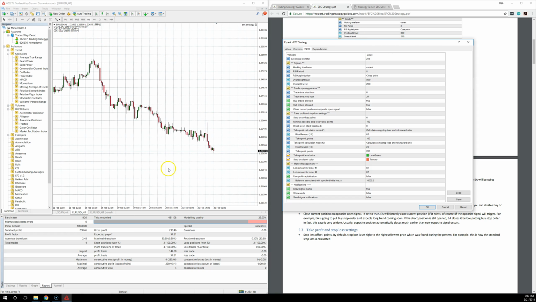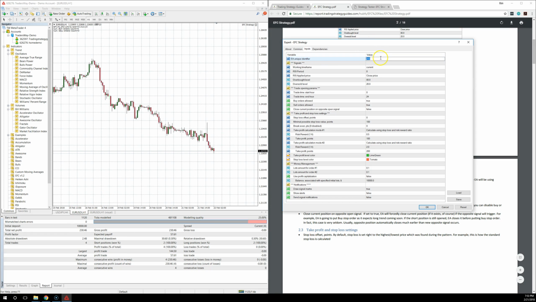If you want to run the same chart, say the euro dollar hourly chart, and then have another chart running with a 30-minute chart or something like that, make sure you change this EA identifier to a different number, whatever it is. Otherwise they might start contradicting each other and taking different trades, or the same trades. So just change that identifier.